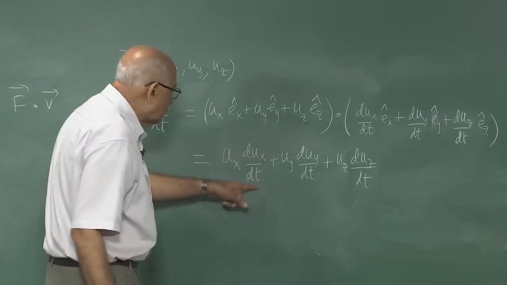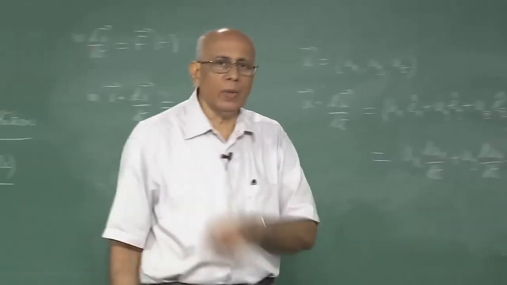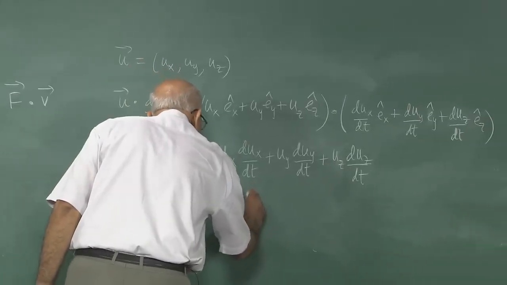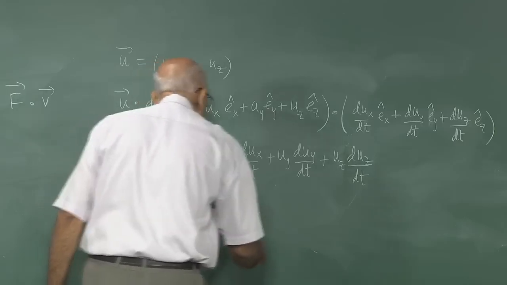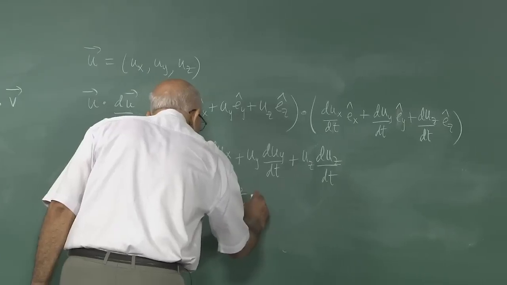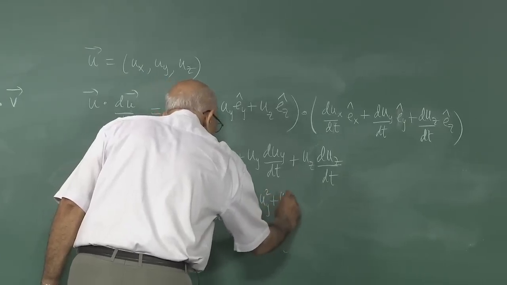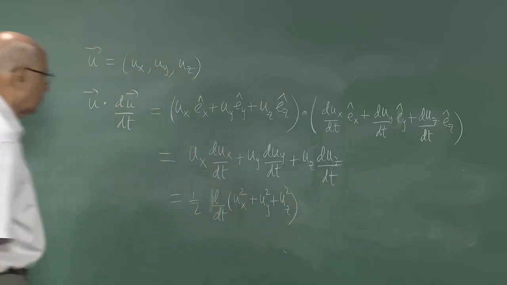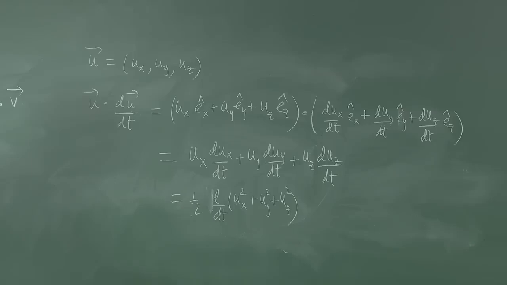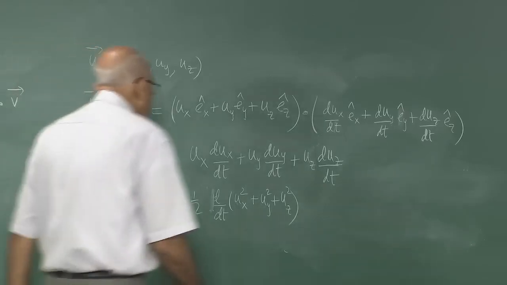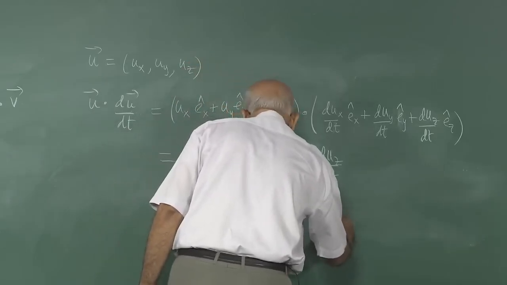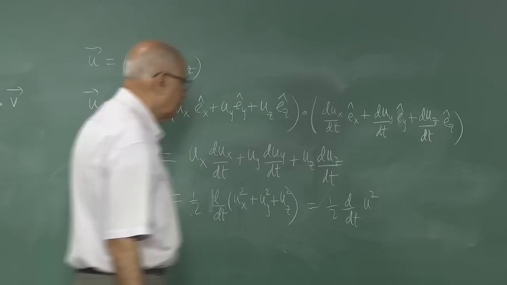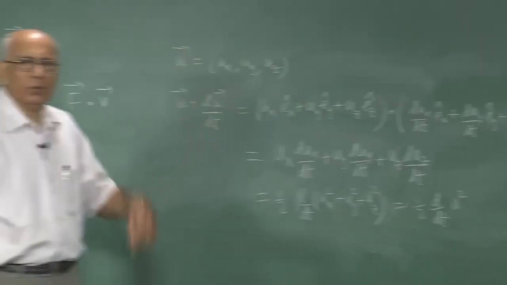But ux dux over dt is half of d over dt of ux squared. So you can write this as equal to 1/2 of d over dt of ux squared plus uy squared plus uz squared. But ux squared plus uy squared plus uz squared is u squared, where u squared is the square of the magnitude of this vector.